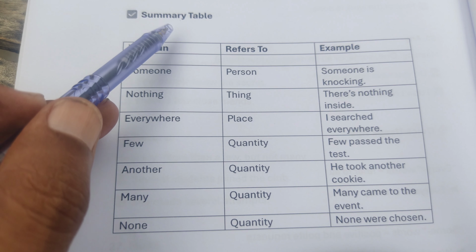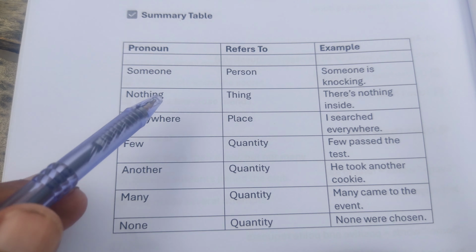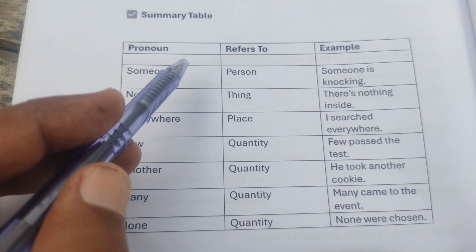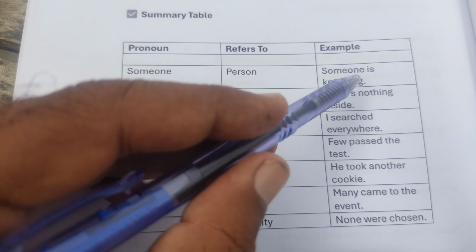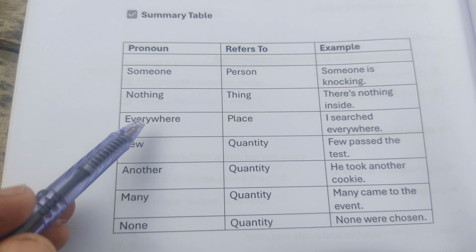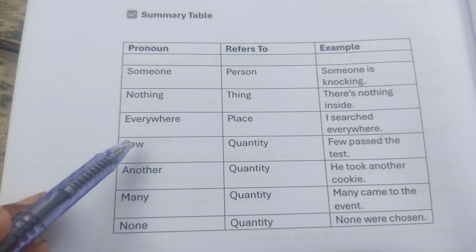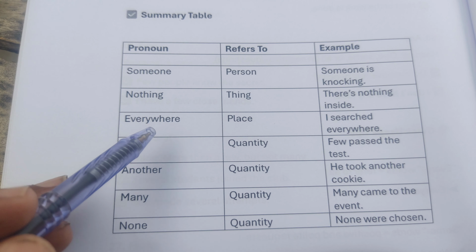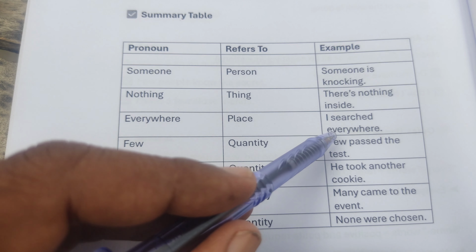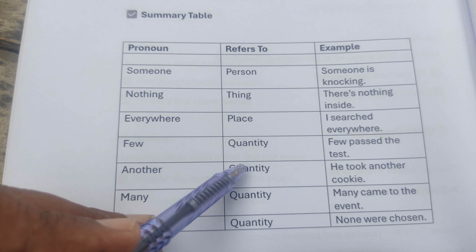Here we have the indefinite pronouns summary table. Pronoun, refers to, examples. Someone, person. Someone is knocking. Nothing, thing. There is nothing inside. Everywhere, place. I searched everywhere. Few, the pronoun few refers to quantity. Example, few passed the test. Pronoun another refers to quantity.